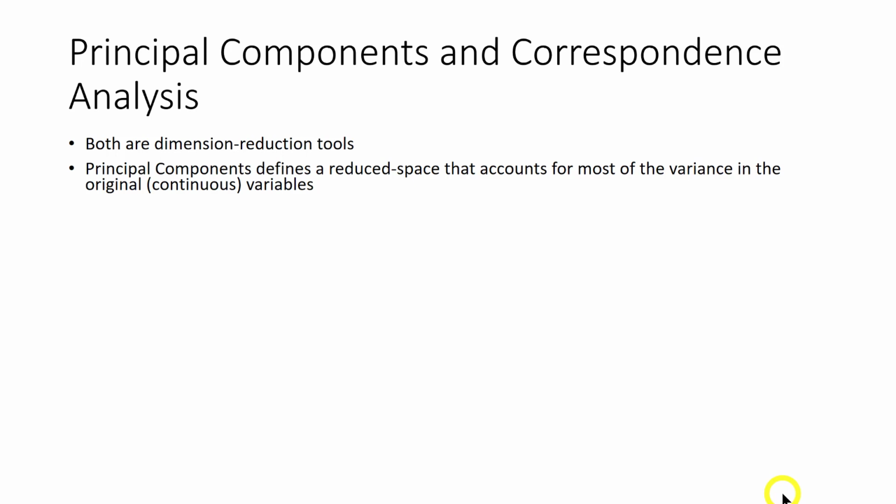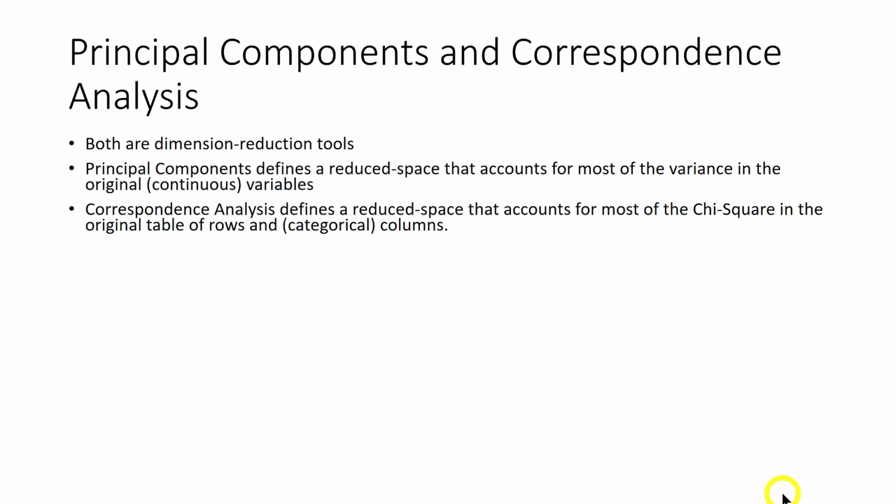Correspondence analysis attempts to do more or less the same, but to account for most of the chi-square in the original table of rows and categorical columns. So the main difference is that PCA is applied to continuous variables, while correspondence analysis is applied to categorical variables.